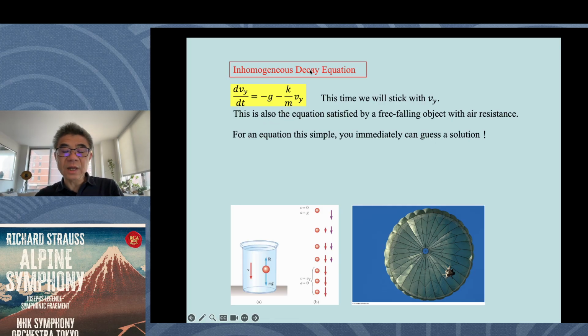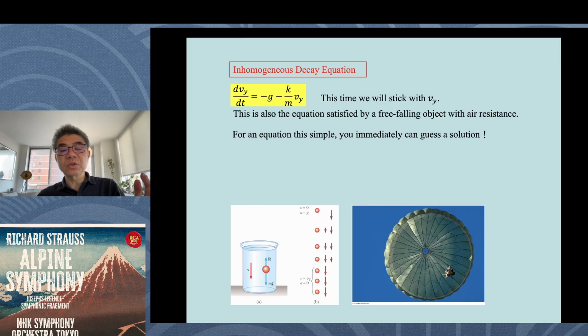We will stick with Vy when we solve this equation. Remember, this is also the equation satisfied by a free-falling object with air resistance. The reason is that the horizontal motion and the vertical motion are independent of each other.